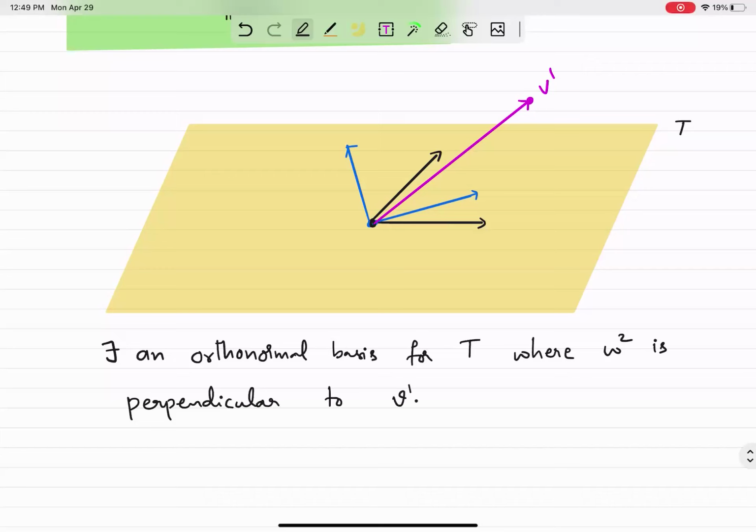For any two-dimensional subspace T, I can find a basis where the second vector is perpendicular to my vector v1. v1 is arbitrary, it can be anything. It could be highly correlated with the subspace T. It could be not in the subspace. It doesn't matter. No matter what vector v1 you pick, I can find a basis where W2 is perpendicular to v1.